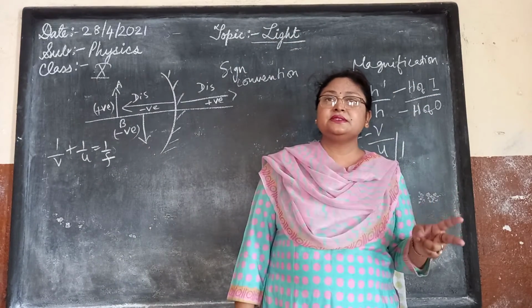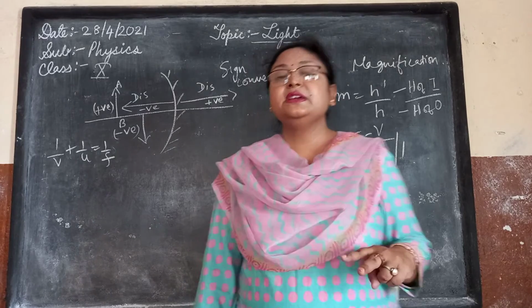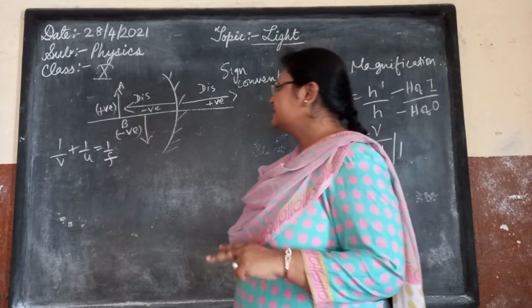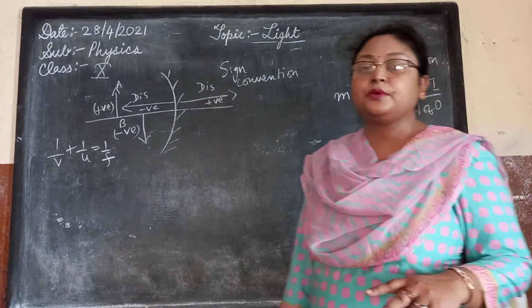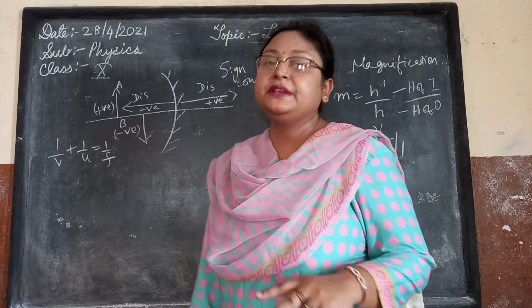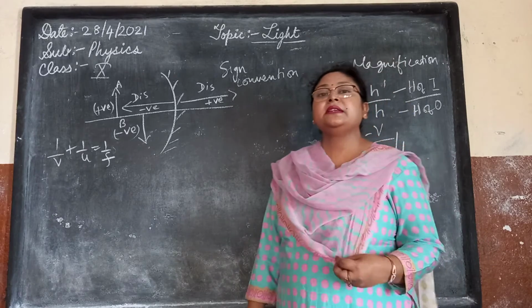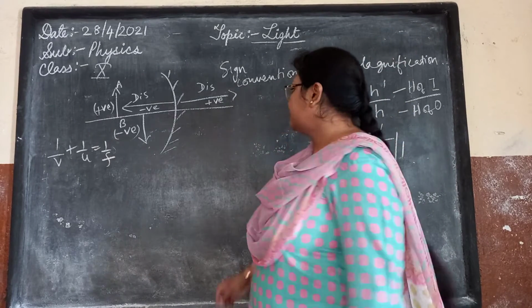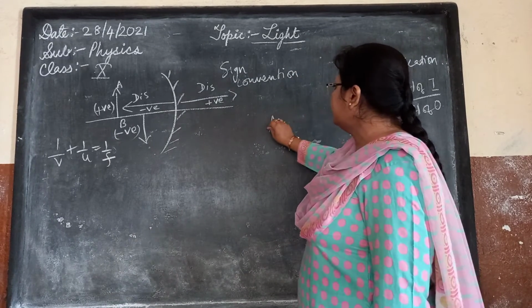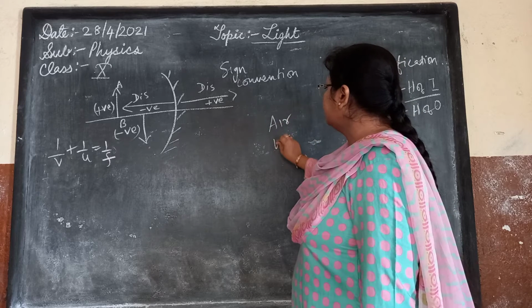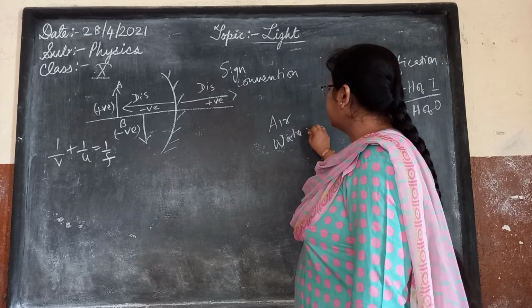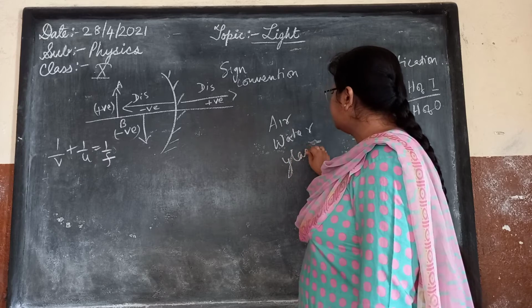Then we get a type of refraction. One is the rarer medium and the other is the denser medium. The most rarer medium is air, then we have water, and then we have glass. So glass is the denser medium.